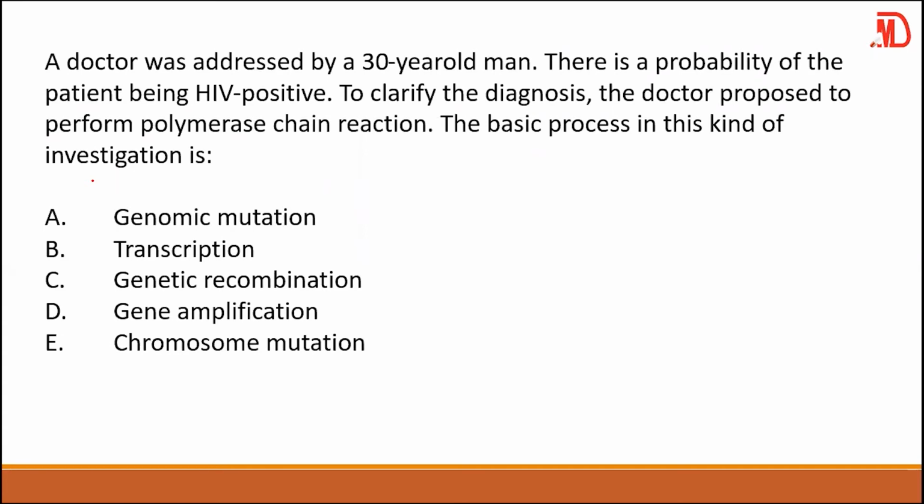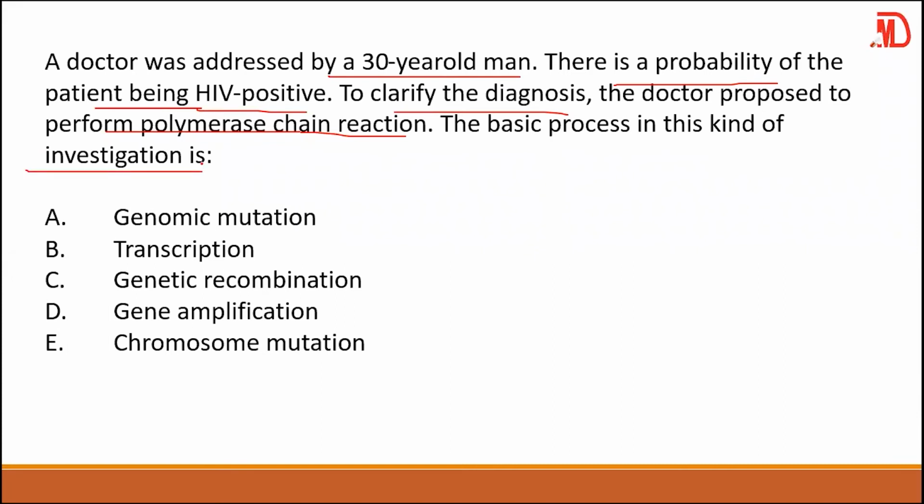So a doctor was addressed by a 30-year-old man. There is a probability of the patient being HIV positive. Now, to clarify the diagnosis, the doctor proposed a polymerase chain reaction. The basic process in this kind of investigation is what?